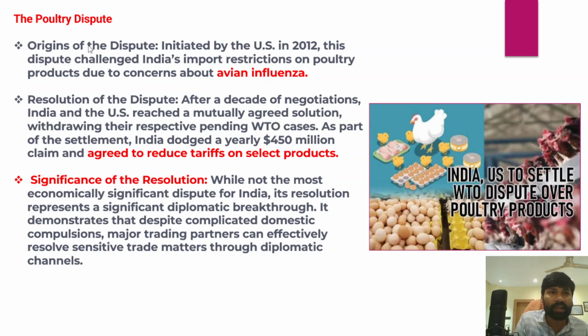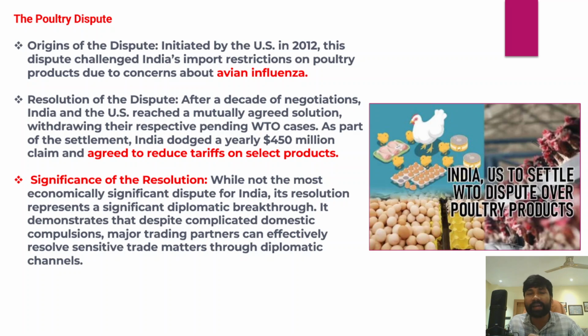Okay. Now, the first important dispute between India and the US is the poultry dispute. This particular dispute was started by the US in 2012. The US alleged that India has been imposing restrictions on poultry product imports.